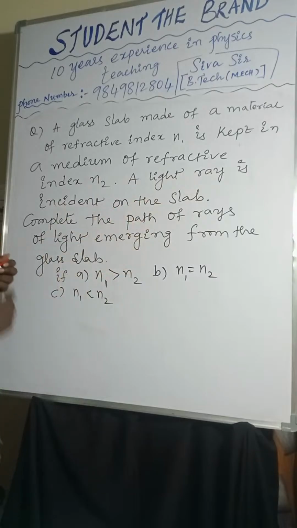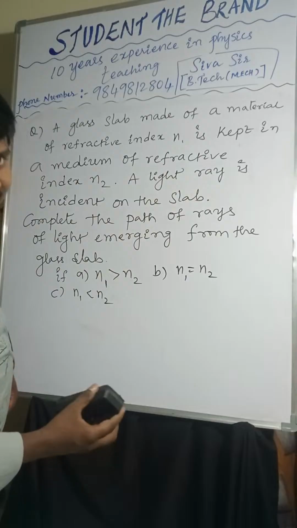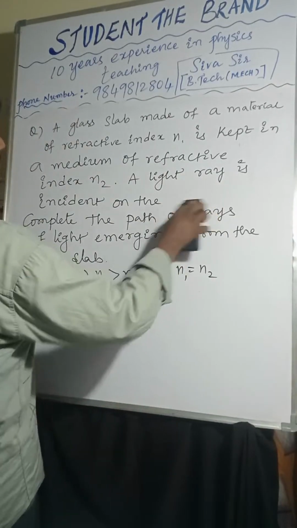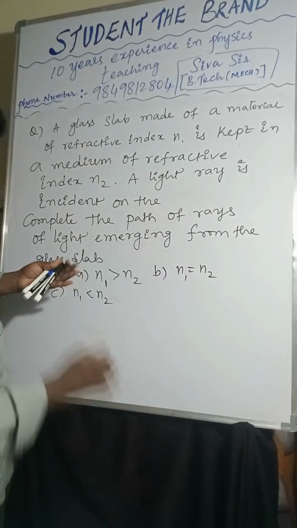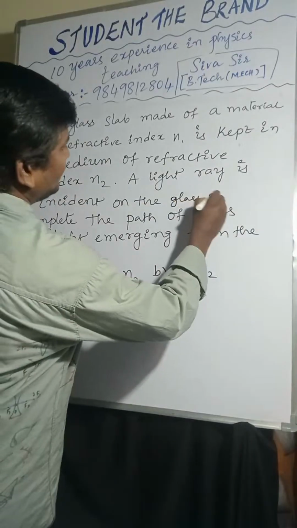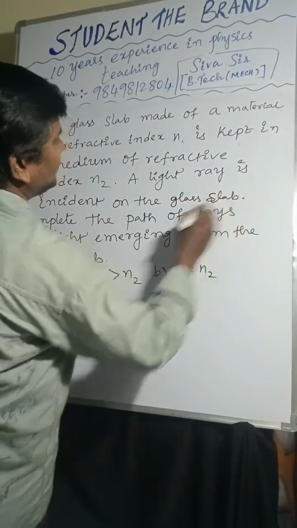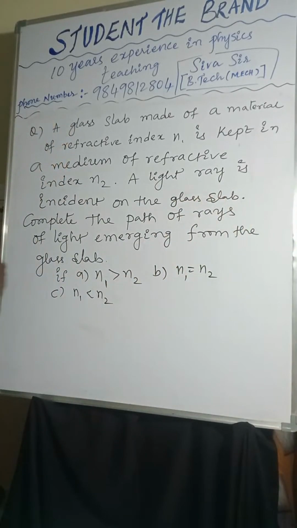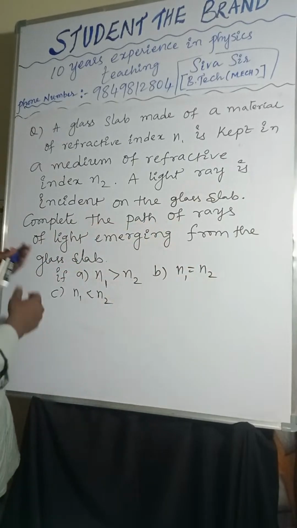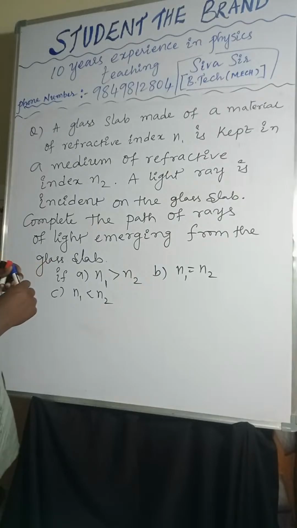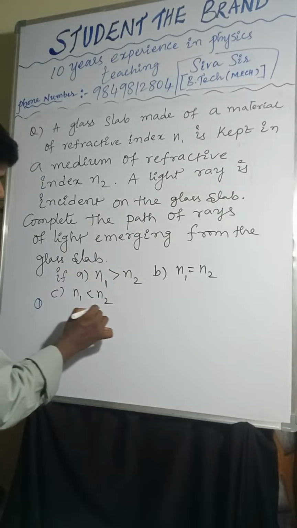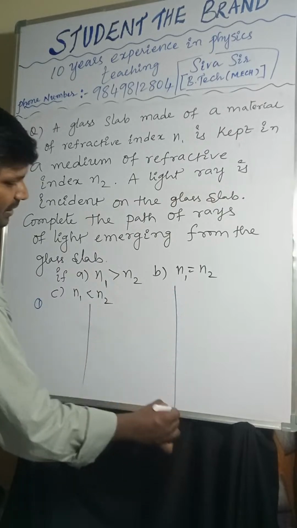So this is a glass slab. Complete the path of rays of light emerging from the glass slab. So here I'm considering point number 1. So three diagrams we have to draw. So I'm taking three diagrams.